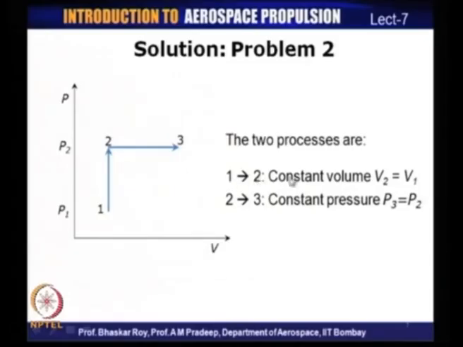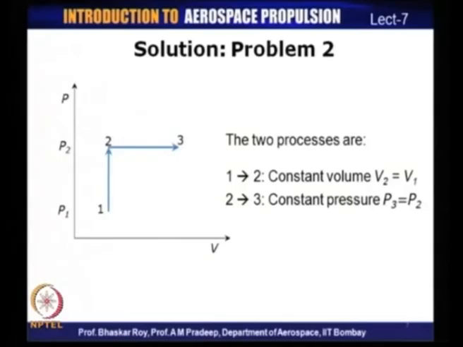Therefore, V2 is equal to V1. As you can see, the pressures are not the same, P1 is not equal to P2. The second process is a constant pressure process from state 2 to state 3, and since pressure is constant, we have P3 is equal to P2. What we are required to find is the volume at 3, that is V3, and the work done during this process.